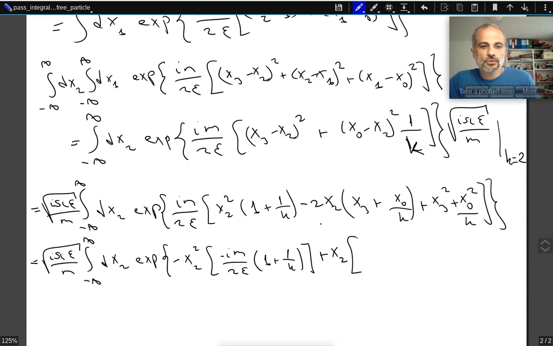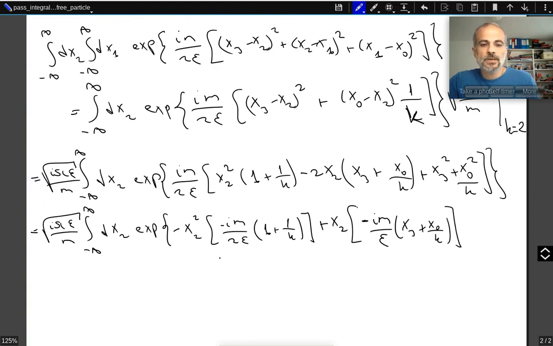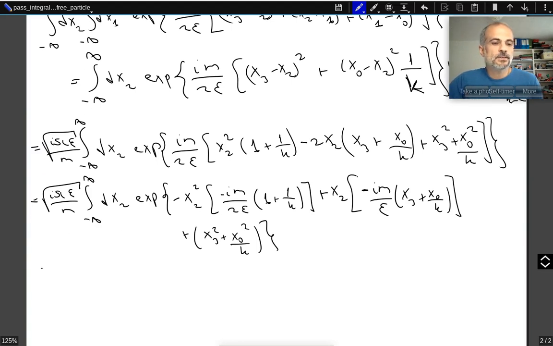Now the coefficient of x2 is minus i m over epsilon, x3 plus x0 over k. And plus these terms that don't depend on x2.